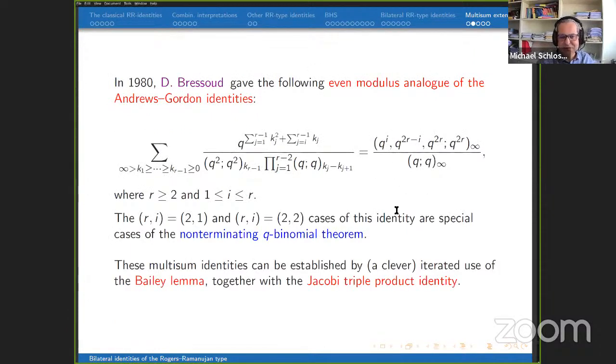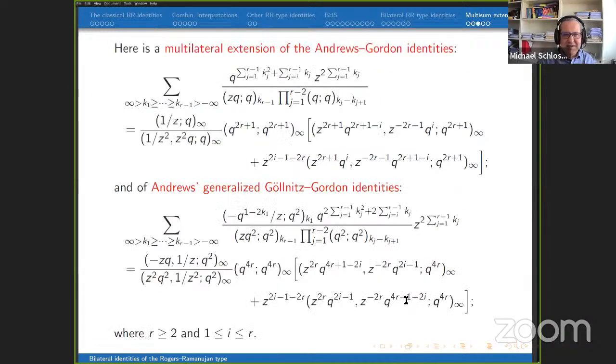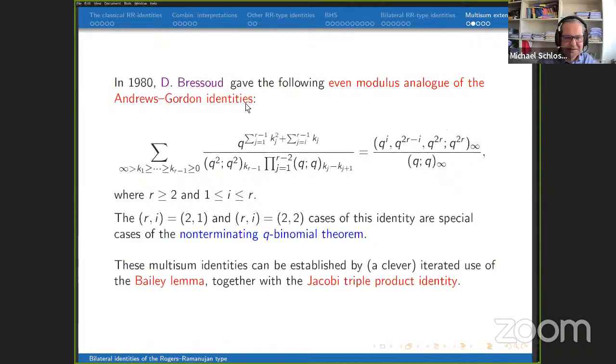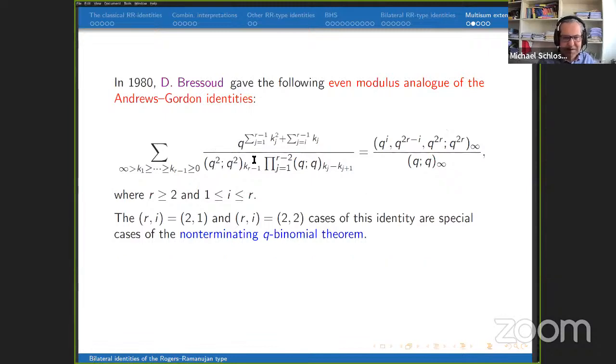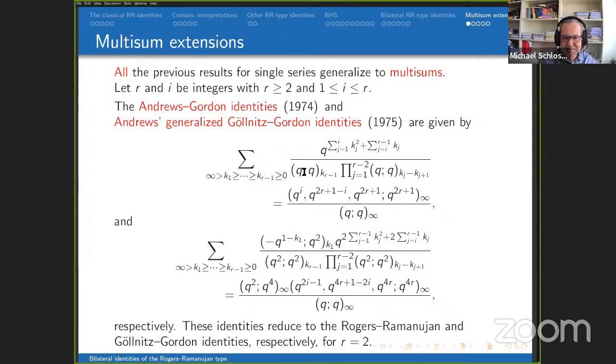And they can be proved by the Bailey lemma with the Jacobi triple product identity. And also this works in multi-sum form. Also, one can multilateralize these identities so that on the bottom, you do not have a q. Let's say the q squared makes this terminate naturally from below. And here you have a q here, and here you have a q squared.